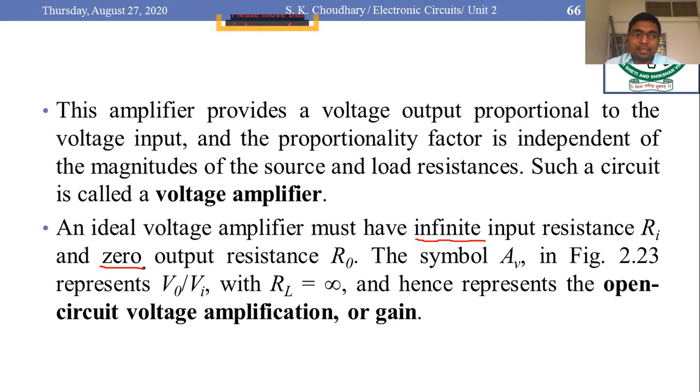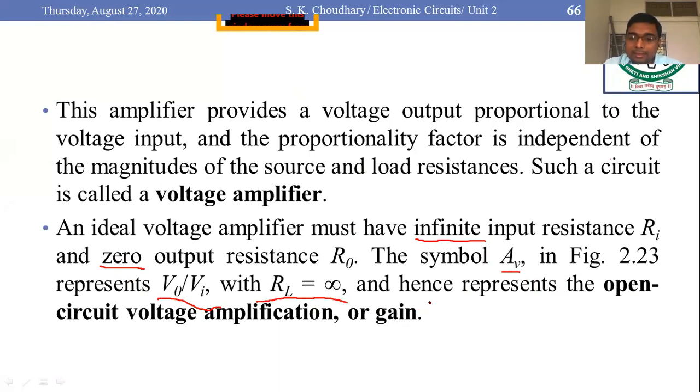So the voltage gain AV is equal to V naught upon Vi with RL infinite. The condition is that RL is infinite. You can see here the condition AV is equivalent to V naught upon Vi with RL infinity.